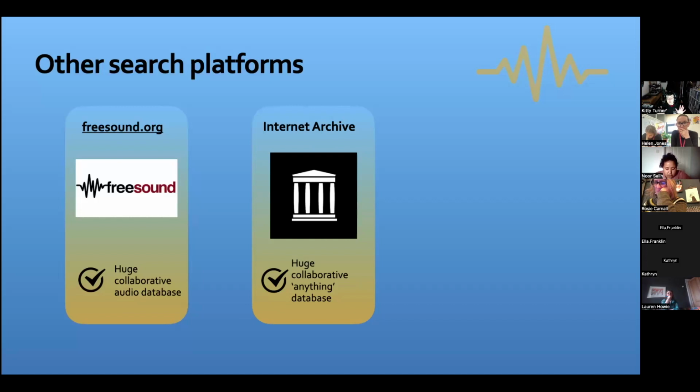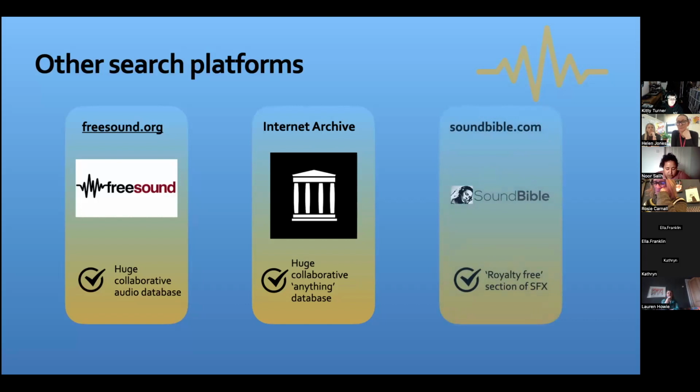Honestly, you could get lost for days in the Internet Archive. I very much encourage you to go and look at it because it's such a brilliant resource. And then this is the Sound Bible. So again, this is a repository of Creative Commons and public domain sound clips. There's lots of sound effects in there for anything.